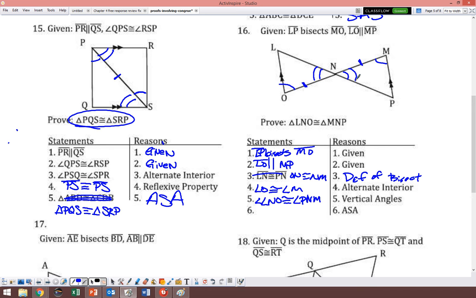L, M, my two triangles, right? So now I could use my statement that my two triangles are going to be congruent. And that's what I'm using this for. So triangle LNO is congruent to triangle MNP by angle, side, angle.